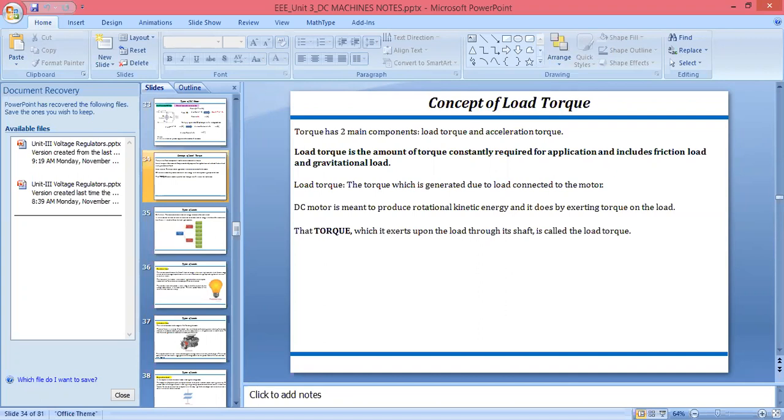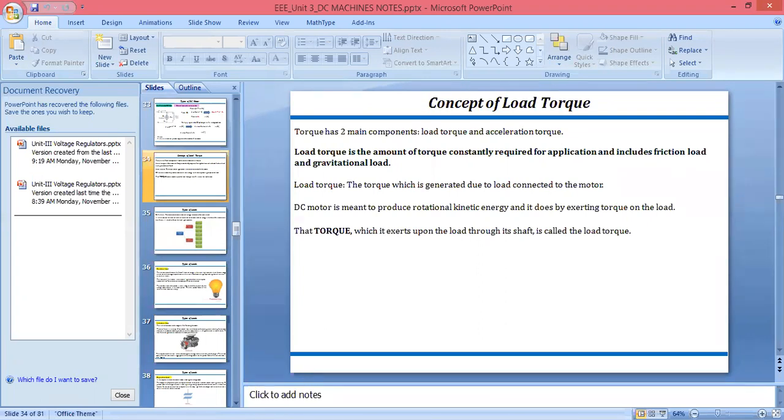Already we have studied about the EMF equation and the torque equation. We have seen torque is the quantitative measure of the turning effect of a force. When we calculate the value of torque, we get the equation for torque in terms of force and perpendicular distance.